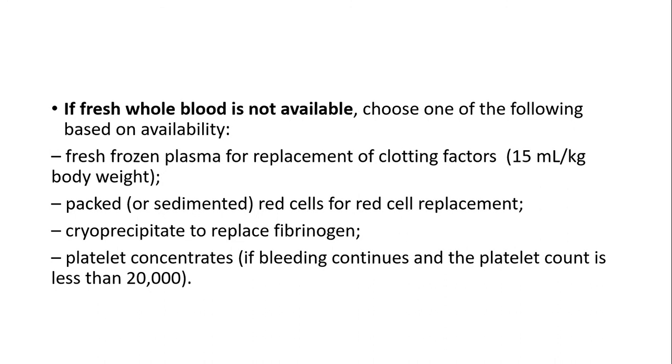If fresh whole blood is not available, choose the following approach: fresh frozen plasma for replacement of the clotting factors, packed or sedimented red cells, cryoprecipitate to replace fibrinogen, and platelet concentrates if bleeding continues and the platelet count is less than 20,000.